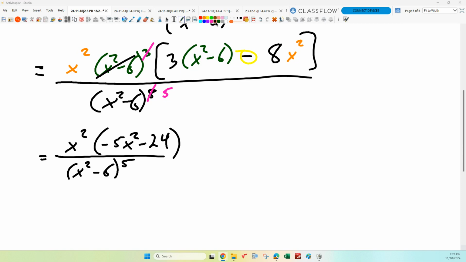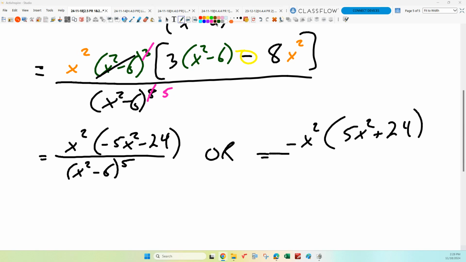That'd be fine. Either that way, or if you wanted to, negative x squared times 5x squared plus 24 over x squared minus 6 to the 5th. Sure, it's not 24, it's 18. 18? Yeah, sorry.